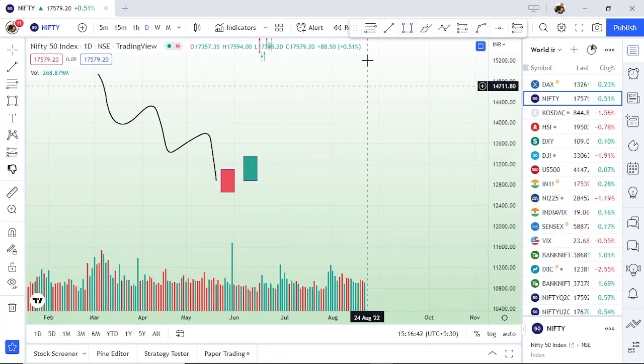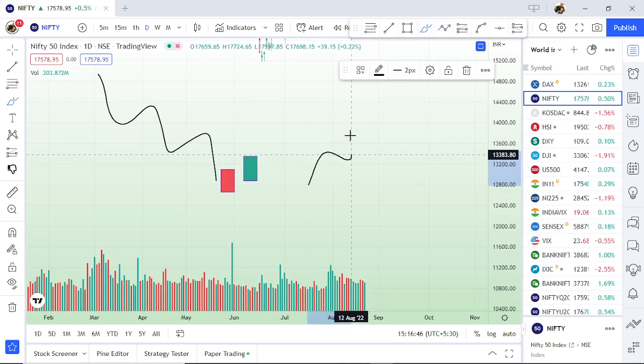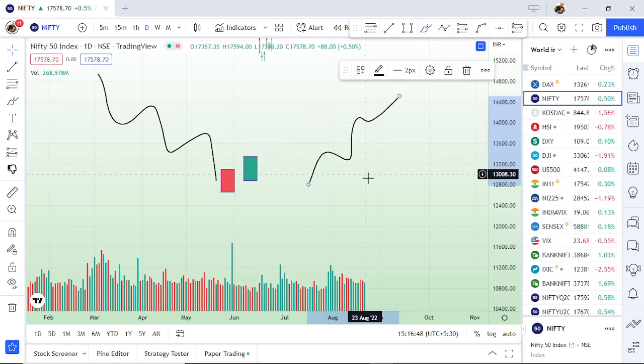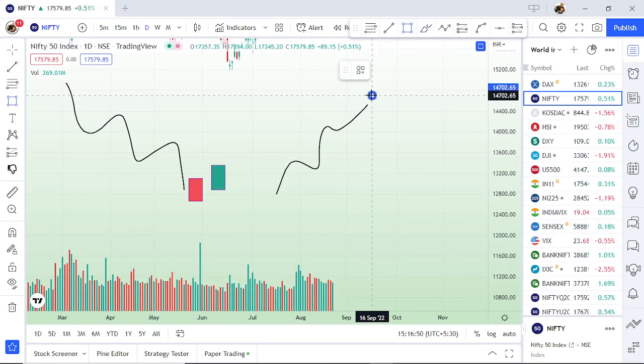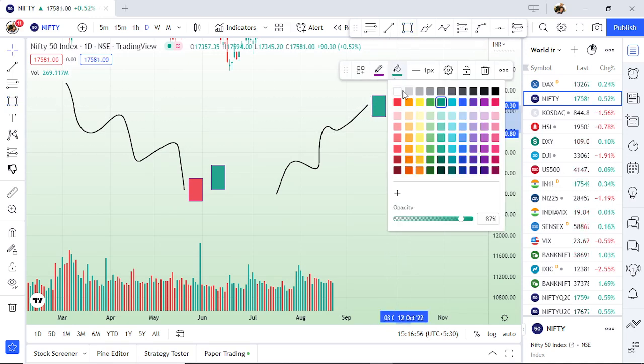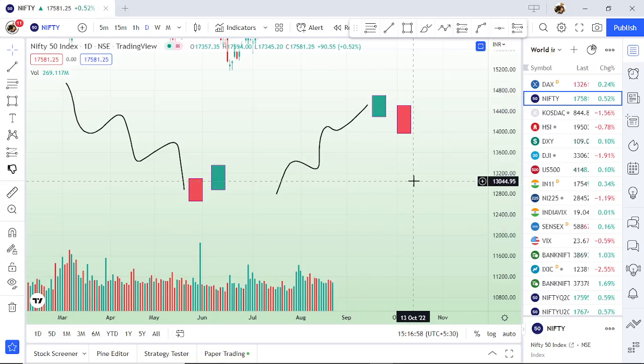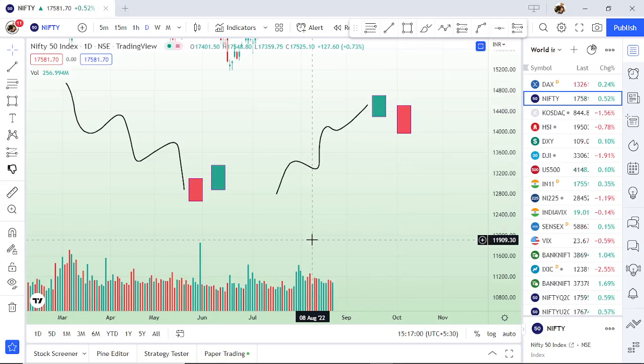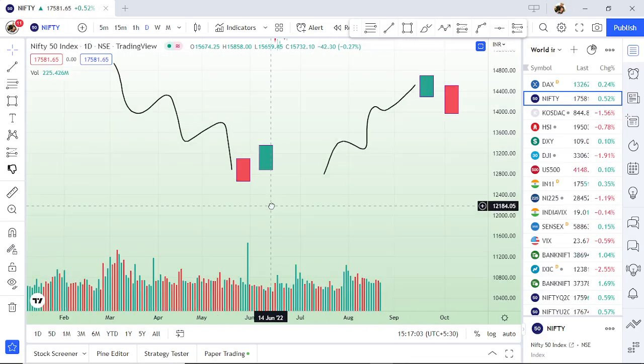And same thing in an uptrend. In an uptrend you will see a green candle, and the next candle will be like this, a bearish kicker, bearish Tashuki. So what is the psychology behind this?